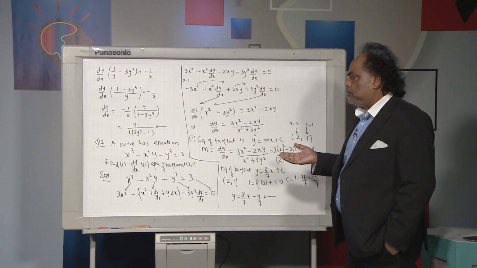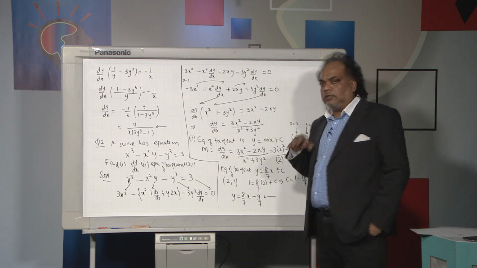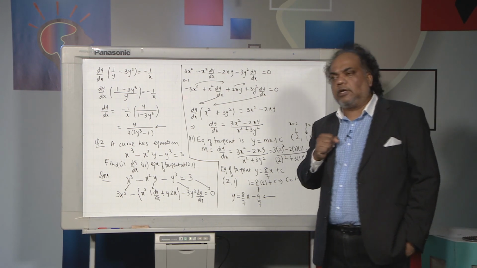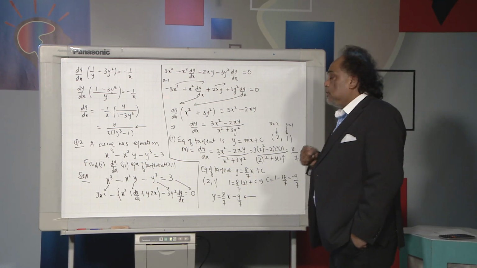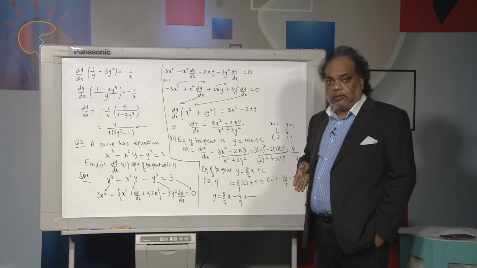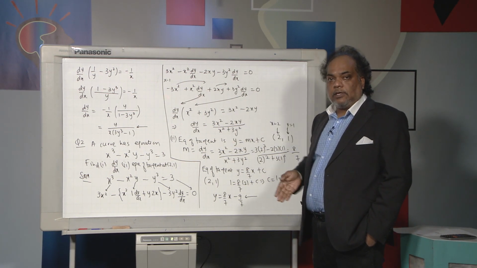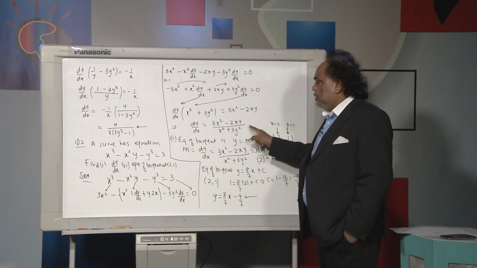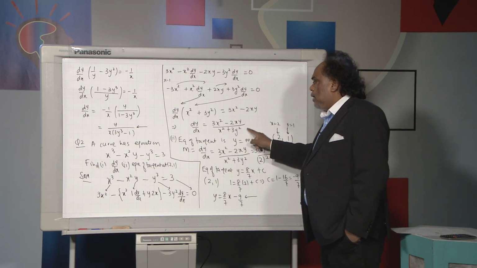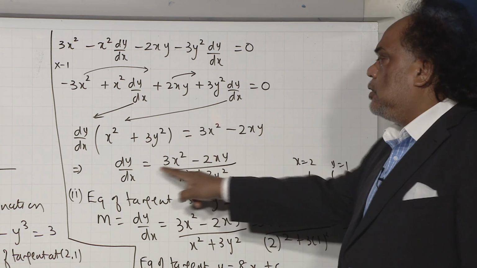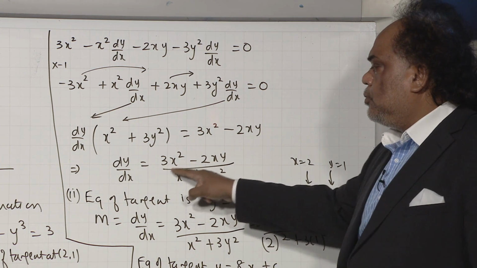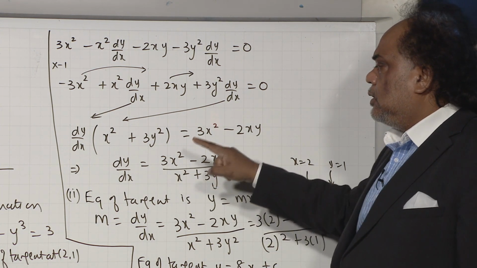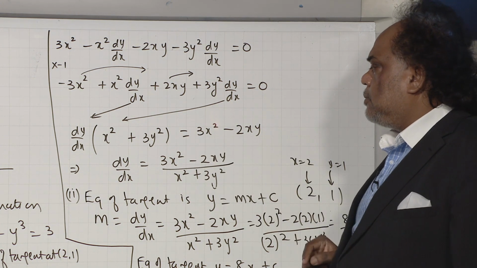The same question. Find the point on the curve where the tangent is parallel to y-axis. Y-axis is vertical. Therefore, the gradient is infinite. So in that case, what will I do? I will equate the denominator of dy by dx to 0. Because when the denominator is 0, dy by dx will become infinite.